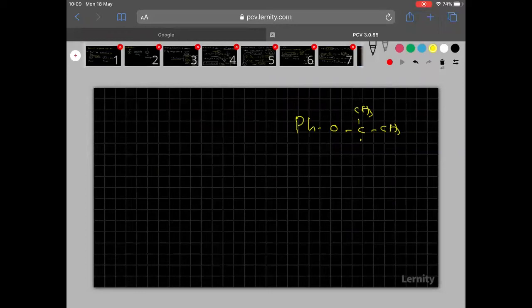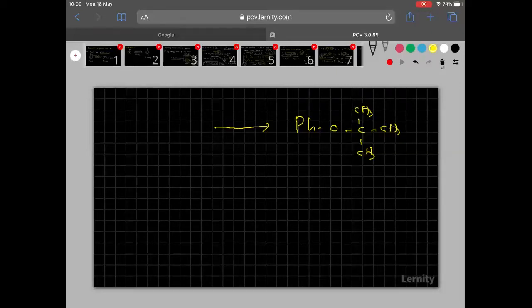What are the reactants required to prepare this ether? Try this question, everyone.